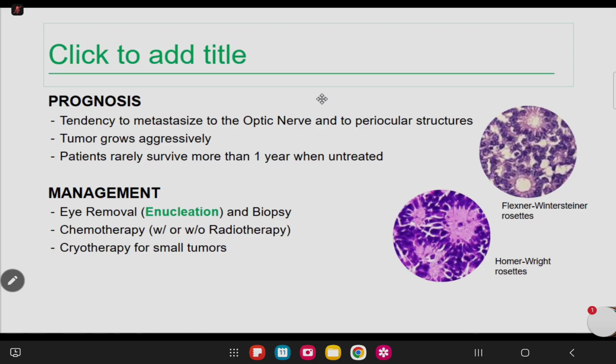For the main management, the eye removal, no, for the enucleation. However, we can also lean on chemotherapy with or without radiotherapy to reduce the size for cases that are so large and to kill areas where there are metastases. Some patients undergo chemo before surgery to make the tumor size resectable.